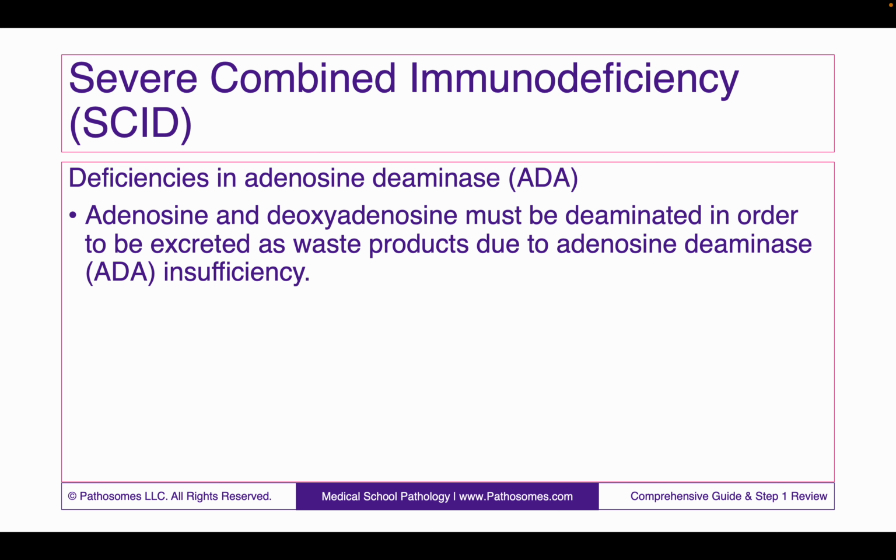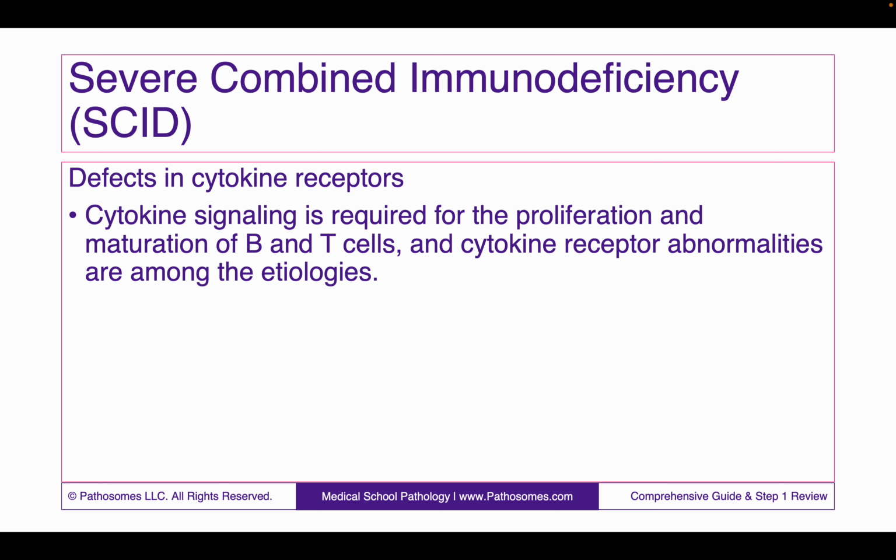Let's talk about deficiencies in adenosine deaminase, or ADA. Adenosine and deoxyadenosine must be deaminated in order to be excreted as waste products; this is impaired due to adenosine deaminase insufficiency. Defects in cytokine receptors, okay. Cytokine signaling is required for the proliferation and maturation of B and T cells, right?